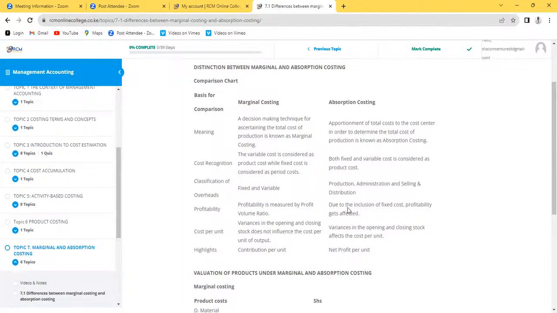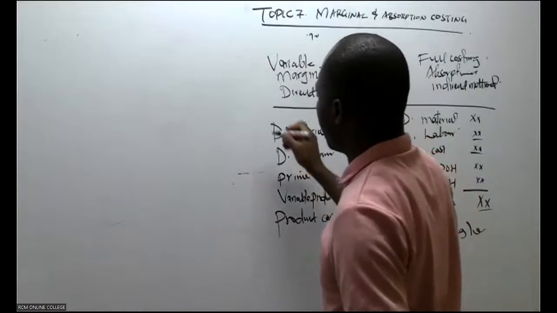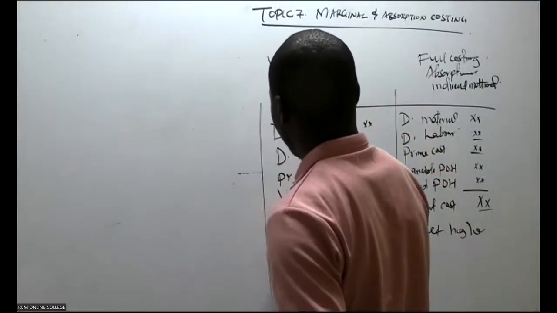Due to the inclusion of fixed cost on this other side, profitability gets affected. Under marginal costing, the profitability is constant, and the simplest way to recognize your profit is basically dependent on volume.